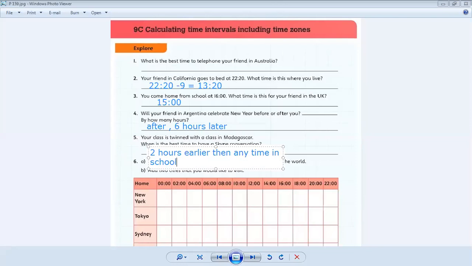We chose one class from Madagascar as the best class, your twin class. That's why you have to call in school time, 2 hours earlier than us, and anytime in school time you can call them. Is it right?